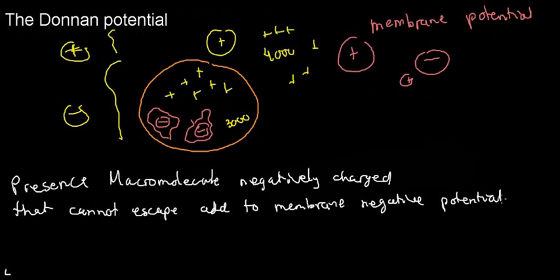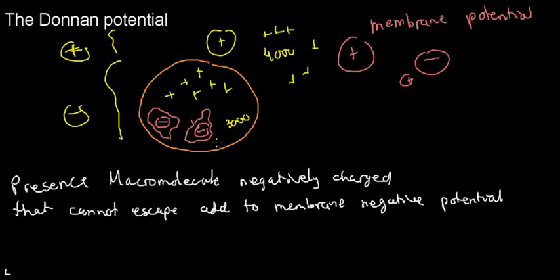Now let's try and understand, is it a thermodynamic equilibrium idea or not? Well, if we're looking at these molecules, they can't go out, and none of these molecules, if we have these molecules outside, none of them can go in. So there's no net transport of material.